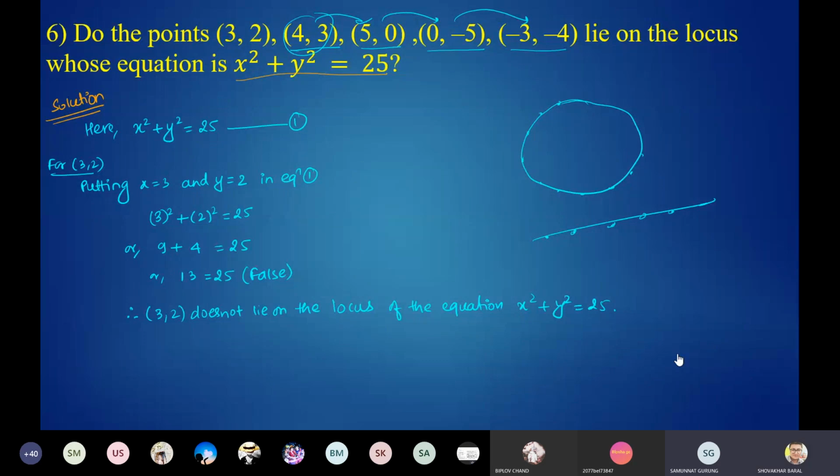Someone, with this point 4, 3, does it satisfy or not? True, 4, 3 satisfies. Then 5, 0. Yes, sir. Okay. Please go on solving all the questions. Go on checking all the points, and make sure that you solve all these questions.